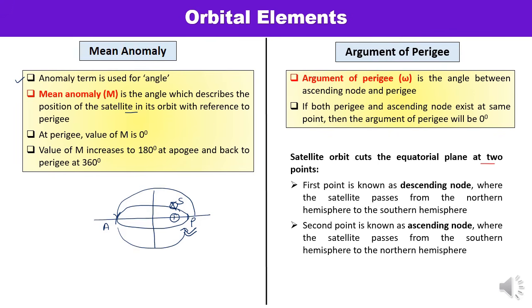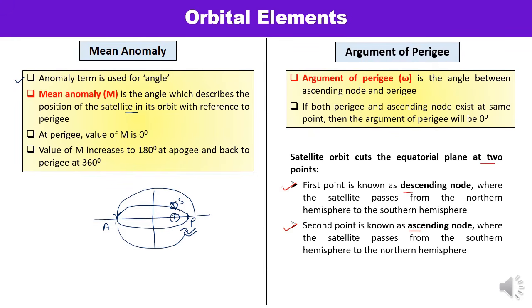The first point is known as the descending node and the other is known as the ascending node. The descending node is a point where the satellite passes from the northern hemisphere to the southern hemisphere. And when the satellite passes from the southern hemisphere to the northern one, that point is known as the ascending node.